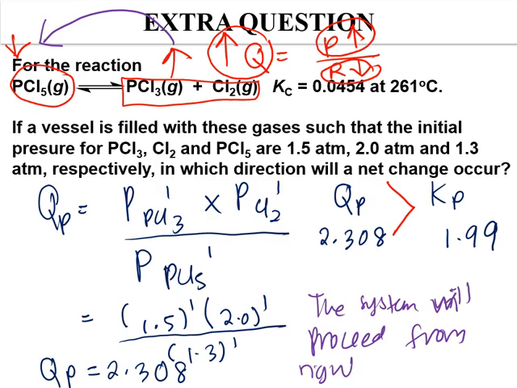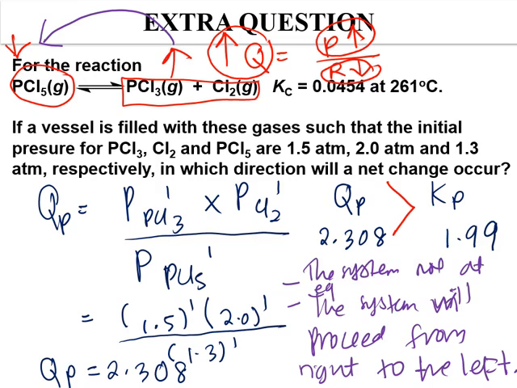Kanan. From produk iaitu right to the left iaitu ke arah reactant awak. Okey. The system not at equilibrium. Lupa pula nak tulis.